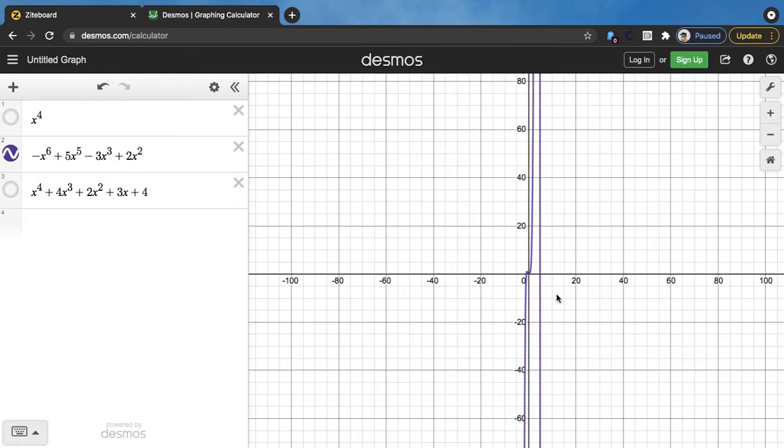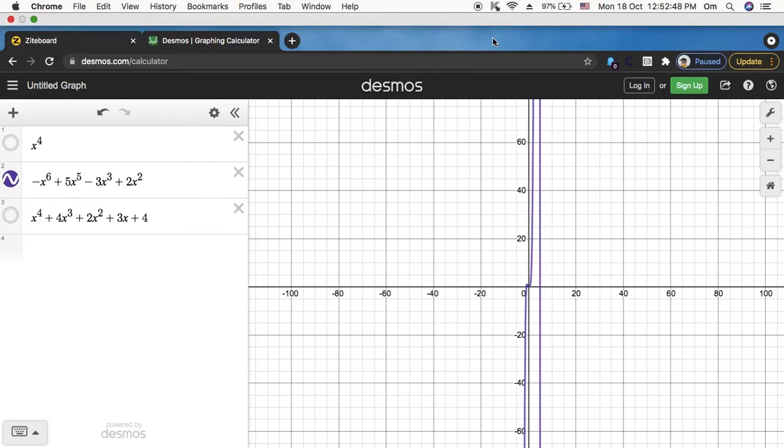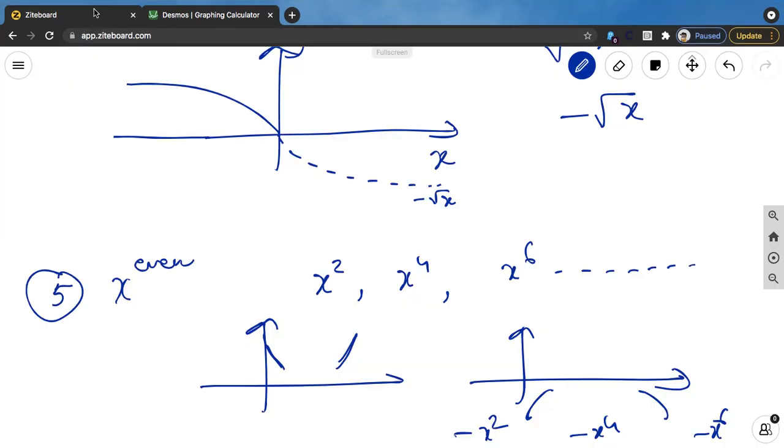It doesn't matter whether it is facing up or down. It is looking down because it is an even function. So all even functions either look up or they look down.